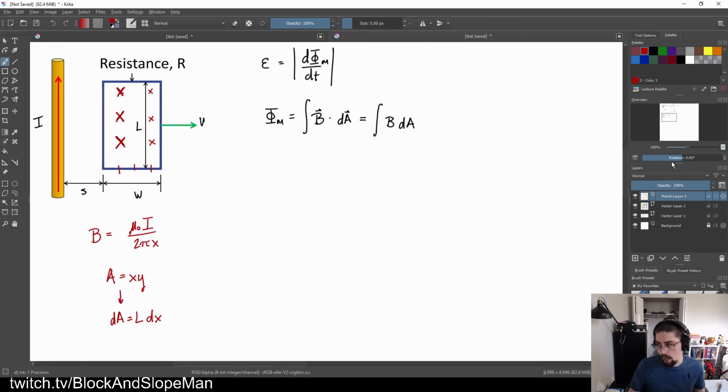So I come over to this and I say, okay, fantastic. Now that I've got that, let me plug in all of these variables that I've got. Mu naught I over 2 pi x times L dx. And I look at my bounds this time around, and my bounds are from S to S plus W. With that in mind, I can pull out all of the constants, make this look a little bit prettier.